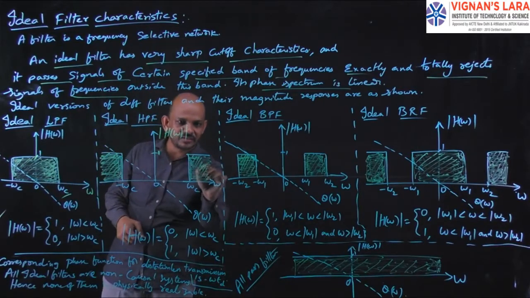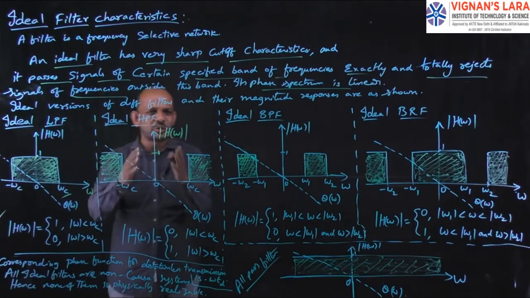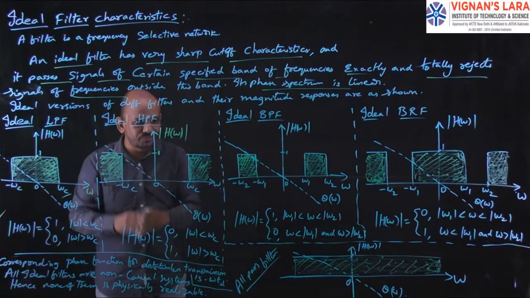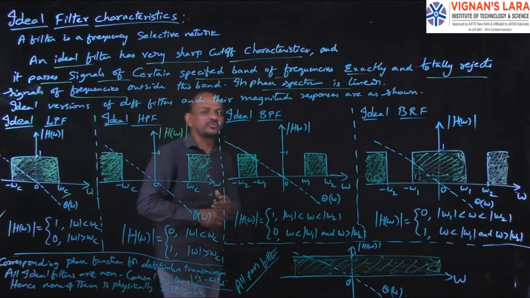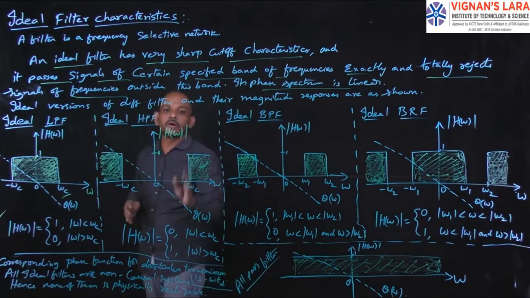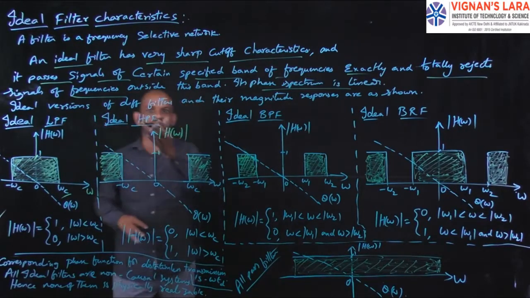I represented that with a different color. It will totally stop the signals with frequencies between minus omega c and plus omega c. The signals having frequencies between minus omega c and plus omega c are not allowed to pass through the system for an ideal high pass filter.